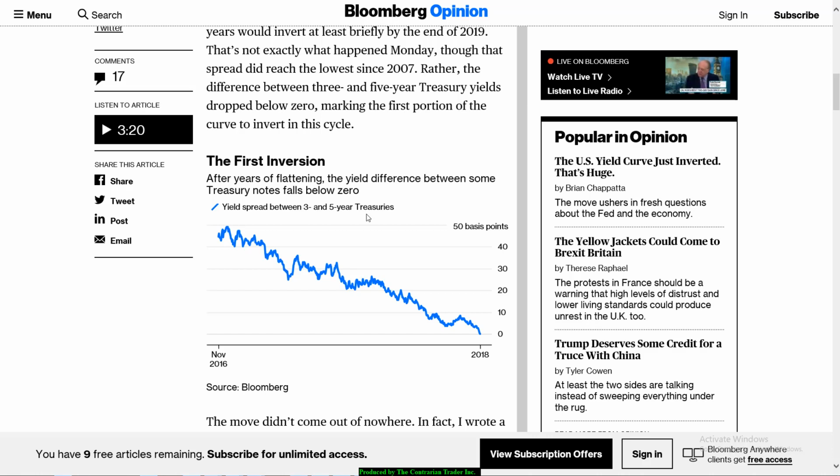For those not familiar with what the yield curve is, in essence, bond traders are worried about the risk of time. They do not want to invest further out in the yield curve out of fear that there may be economic distress ahead. And in this case here, the 3 years versus the 5 years are now paying more than the 5 years. Think about that.